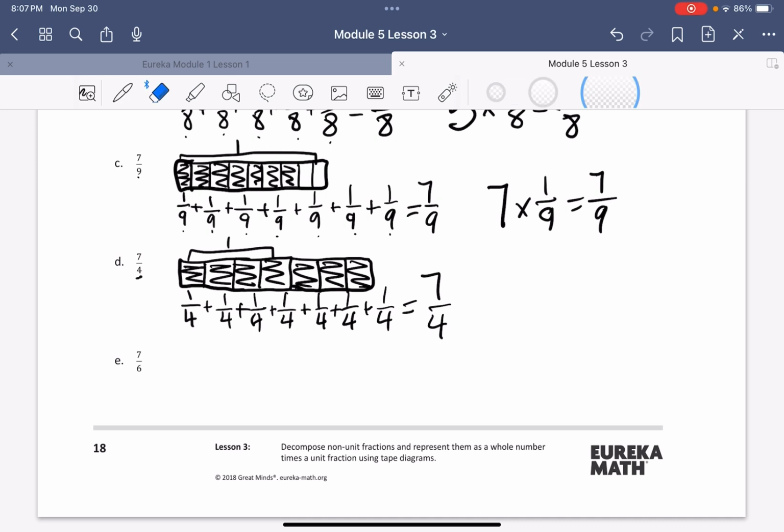Now, for multiplication, we're going to figure out how many 1/4 did we have. So count each of your 1/4, and we had 7 of them. So 7 times 1/4 equals 7/4.